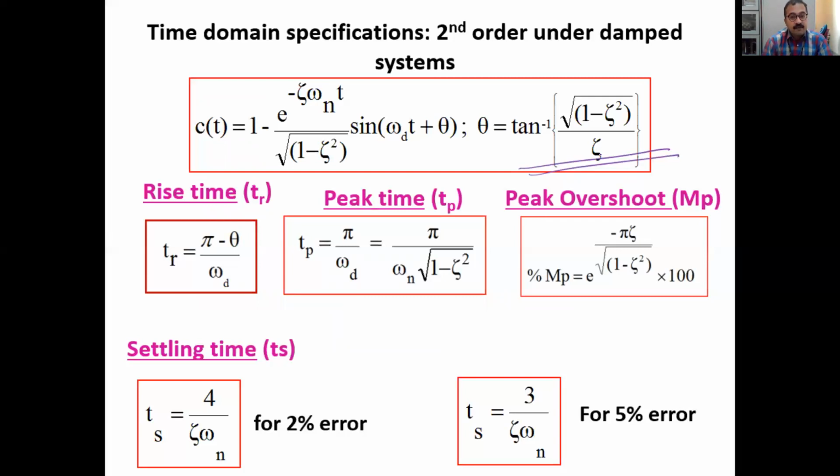What is peak time Tp? Pi by omega d. What is omega d? Omega n into root of 1 minus theta square. What is peak overshoot? E raised to minus pi zeta divided by root of 1 minus zeta square. What is settling time? For 2% settling time, we have 4 by zeta omega n. And for 5% tolerance error or tolerance band, we have settling time as 3 divided by zeta omega n.